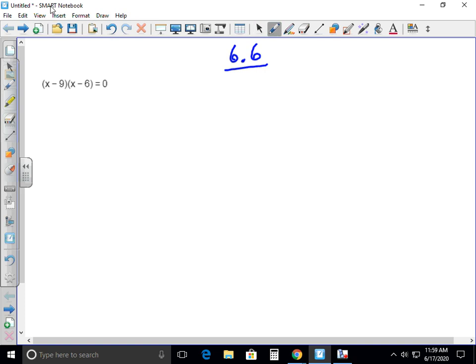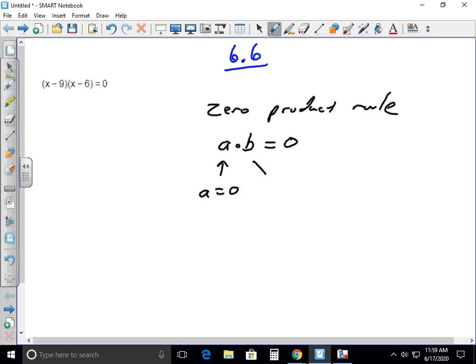So as a reminder, 6.6 is based on the zero product rule. What the zero product rule says is, if we have things that are multiplied together and we know that the answer is zero, then the only way that can occur is if one of those pieces is equal to zero.